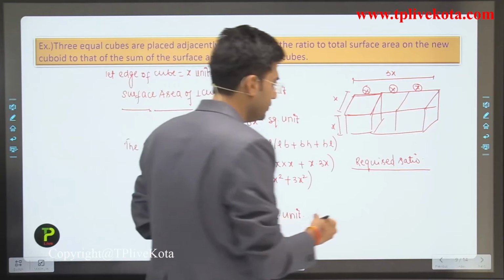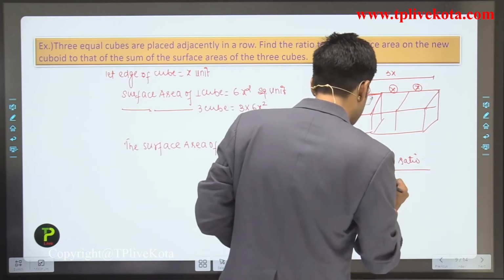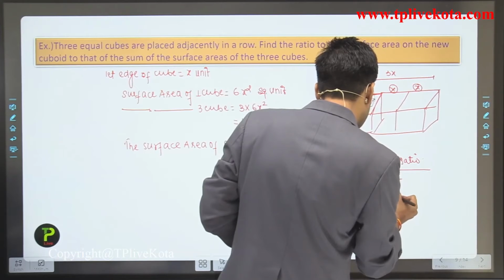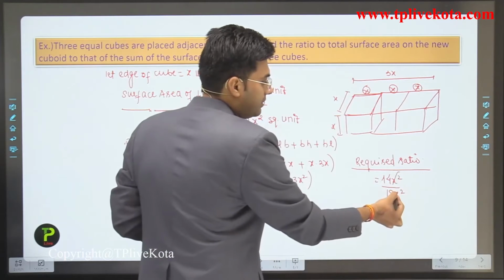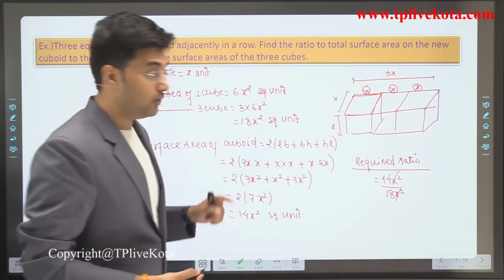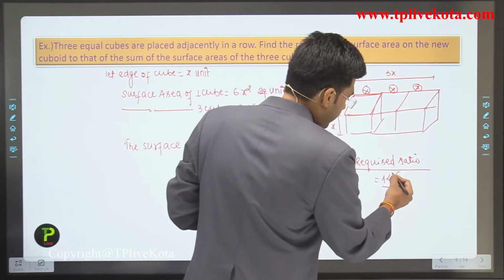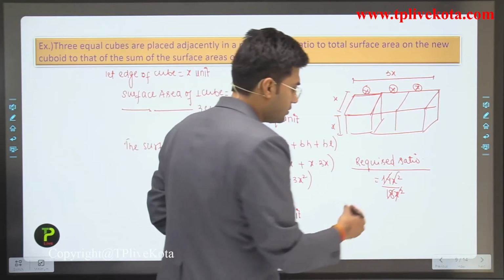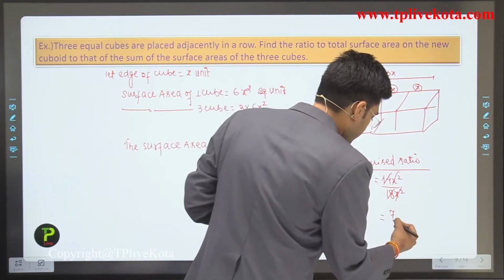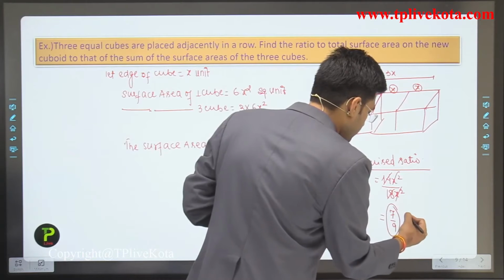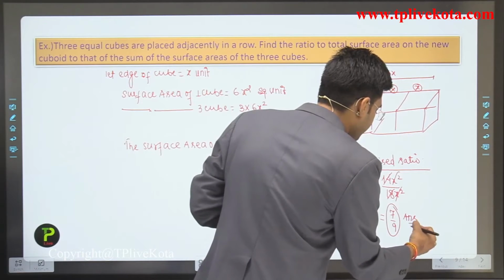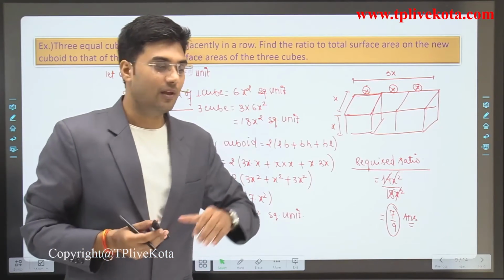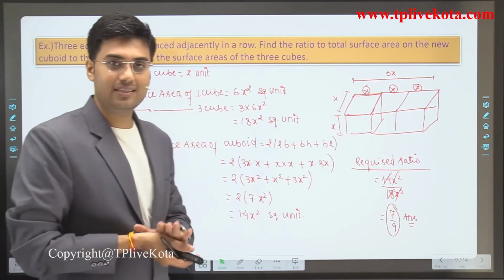So the required ratio is equal to 14x square divided by 18x square. x square and x square cancel out here, and we can cancel 14 and 18 by 2. So it is equal to 7 by 9. So this is the required ratio, and 7 by 9 is our final answer. Clear? So students, I hope you understand this question.